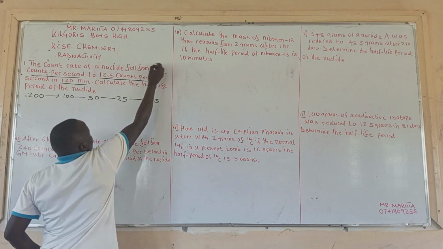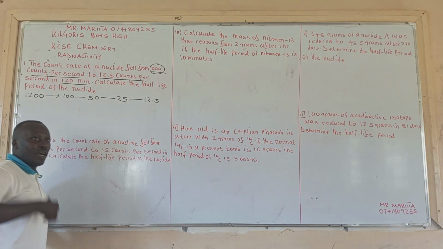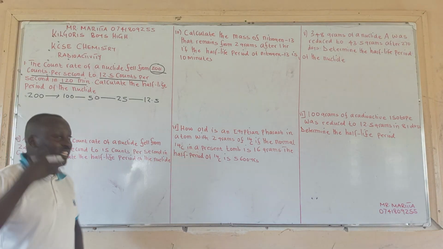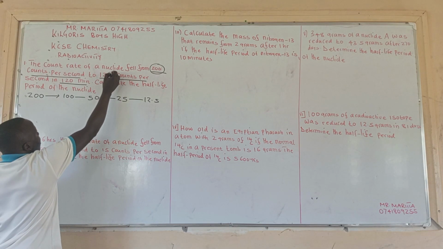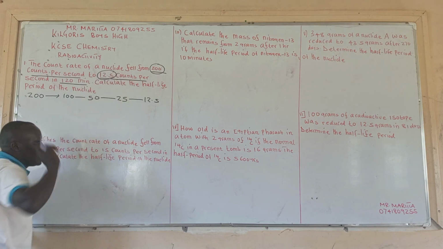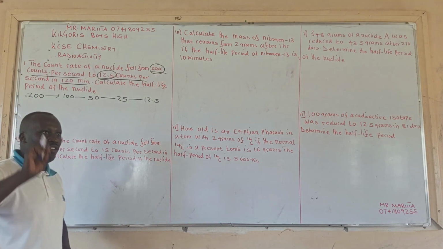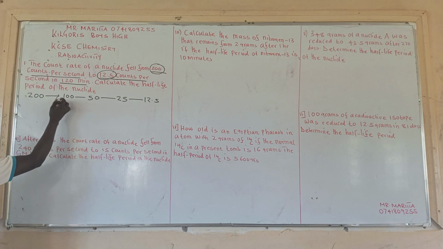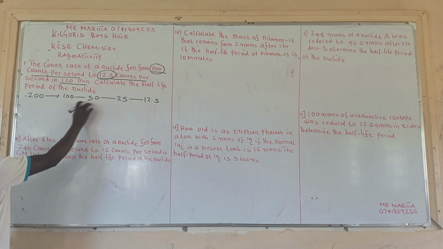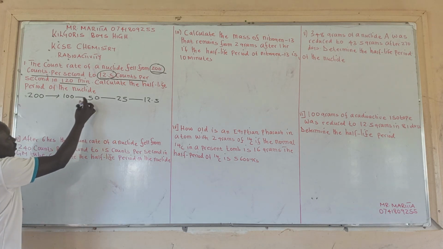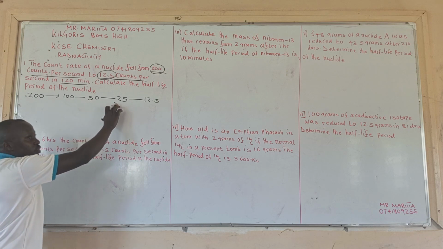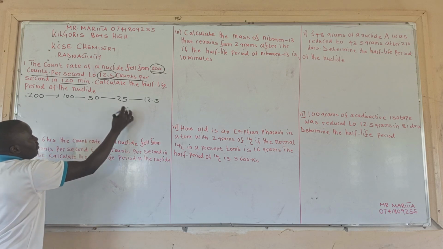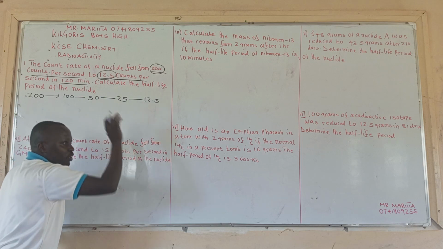So we drop from 200, a half by a half by a half, until we reach 12.5. In that case, we are getting the number of half-lives. So we have 200 divided by 2 because it is a half, and we get 100. 100 divided by 2, we get 50. 50 divided by 2, we have 25. 25 divided by 2, we have 12.5.